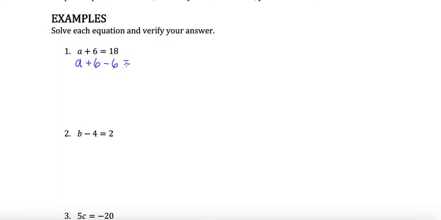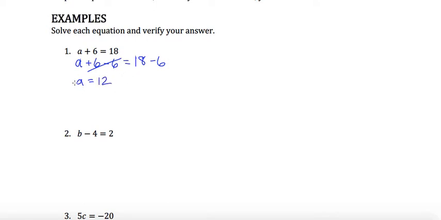Whatever we do to the left-hand side of the equation, we also have to do to the right-hand side. So we take our 18 and subtract 6. Our 6s are eliminated from the left-hand side, so we're just left with our a. And 18 subtract 6 gives us 12.